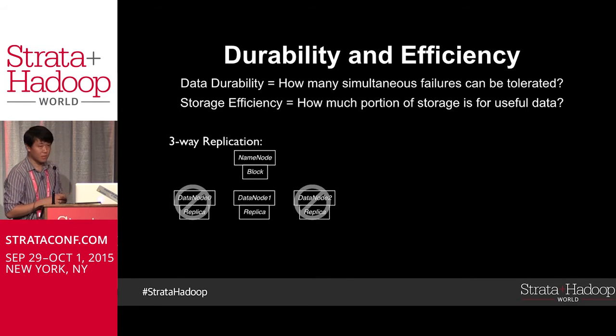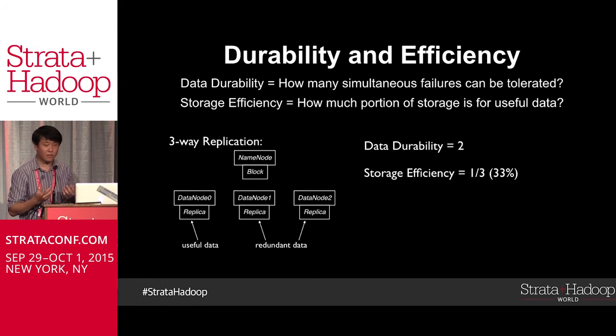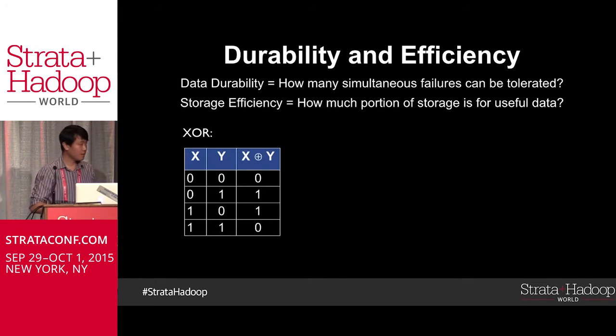That means at any given time, you can tolerate 2 storage failures. And that means the data durability is 2. And during normal operations, you're storing 1 useful data replica and 2 redundant data replicas. That means the portion of useful data is 1/3, or around 33%.